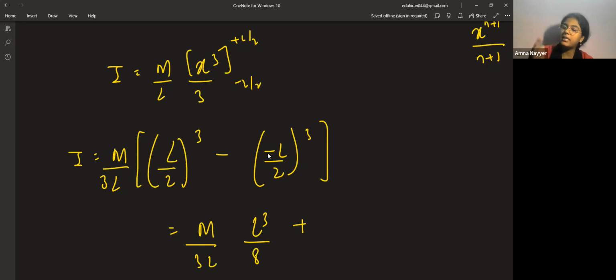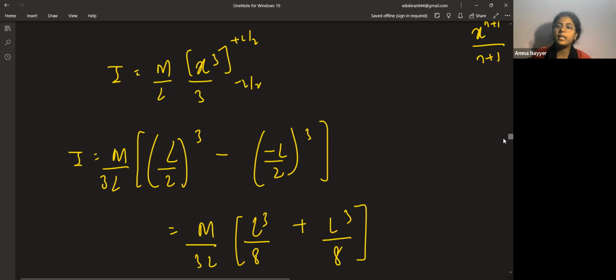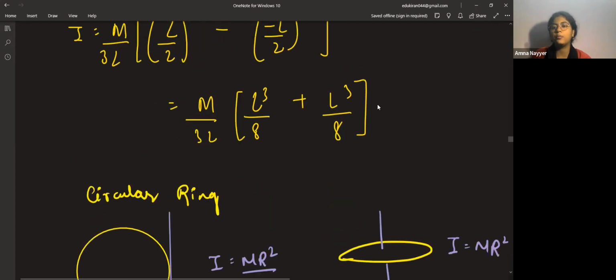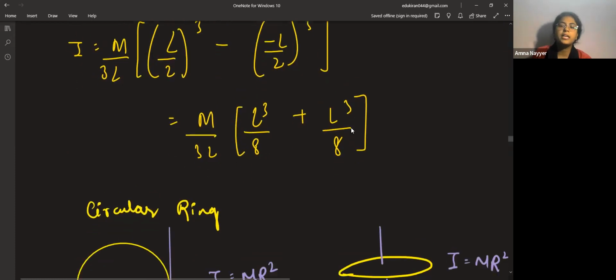Minus minus will become plus L cube by 8. So L cube by 8 plus L cube by 8 becomes 2L cube by 8, which is L cube by 4. M by 3L into L cube by 4.